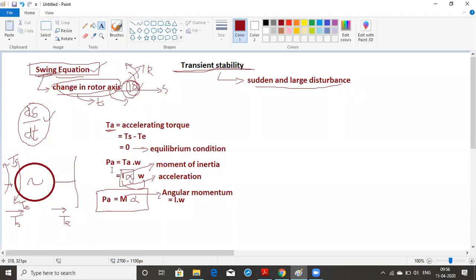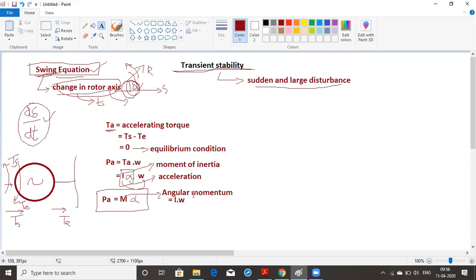So accelerating power we can also write as accelerating torque into omega. Accelerating torque we can also define as the product of the moment of inertia and angular acceleration, that is I into alpha. Omega is already there.